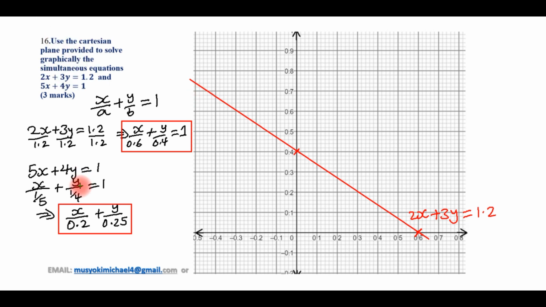Then the other line, x over 0.2, 0.2 is the x-intercept, that point, and then the y-intercept is 0.25, which is at this particular point, exactly that point.